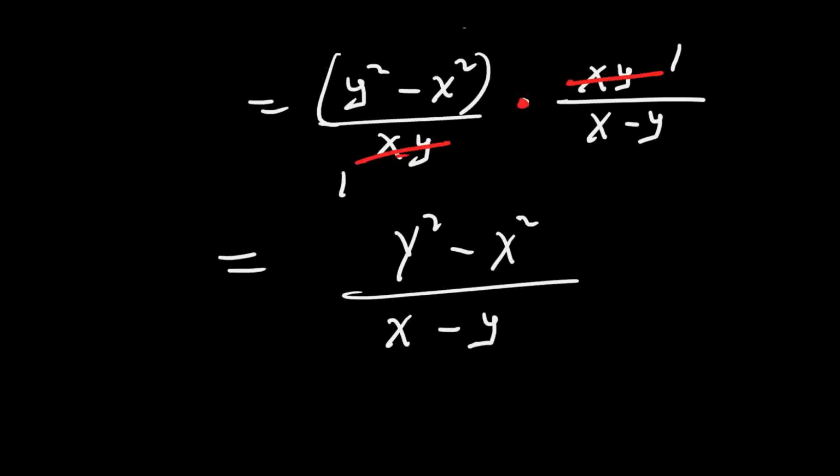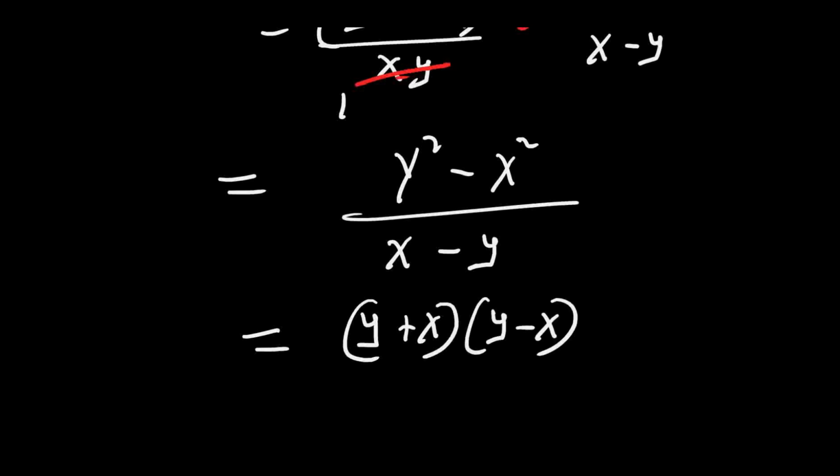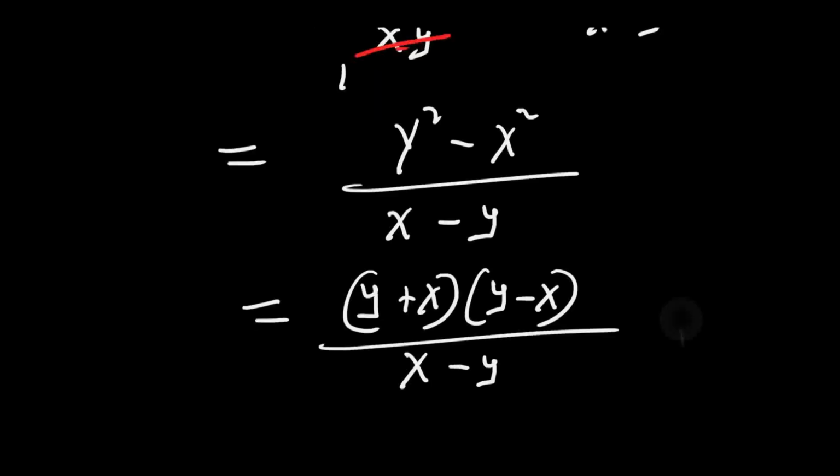So if you observe the numerator, we have difference of squares, which is also equals to the product of the sum of y and x and the difference, over x minus y.